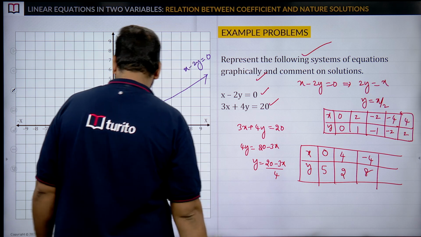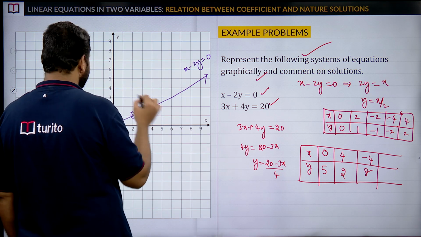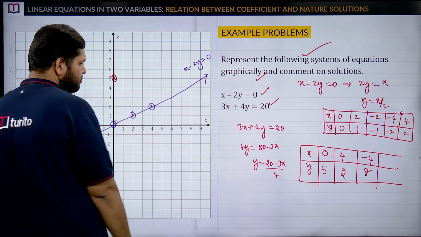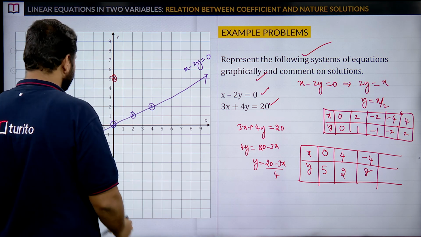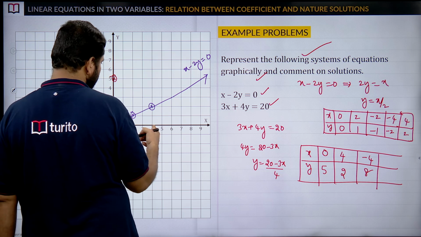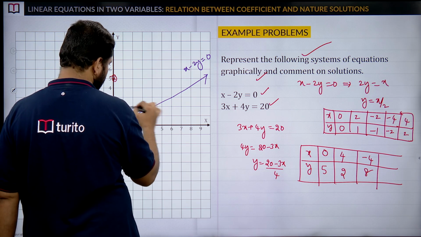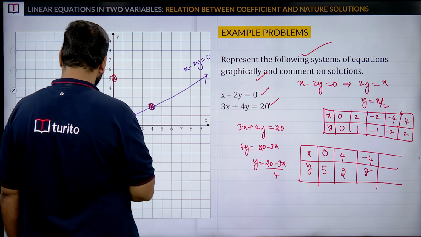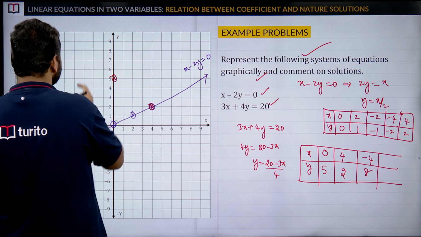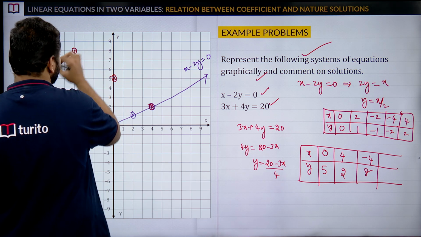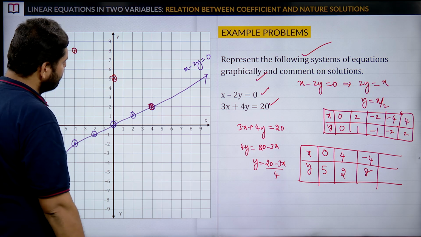Okay. So what is second color? X is what? 0 and y is equal to 5. So I can say this is a solution. Next 4 comma 2. X is 4 and y is equal to what? 2. Next one, x is minus 4, y is what? 8. X is minus 4, so y is equal to 8. Okay. Next, children.